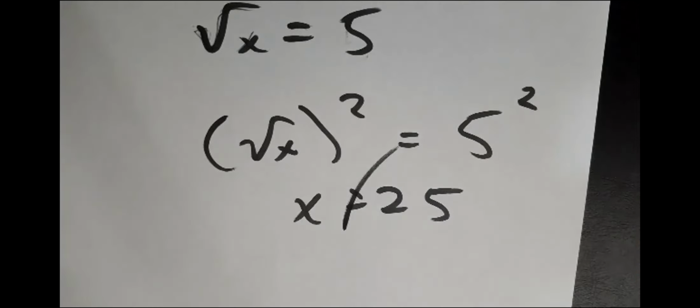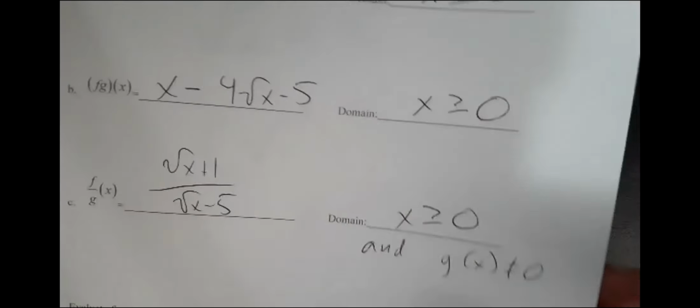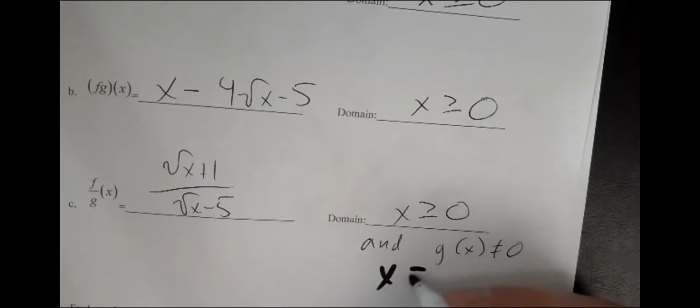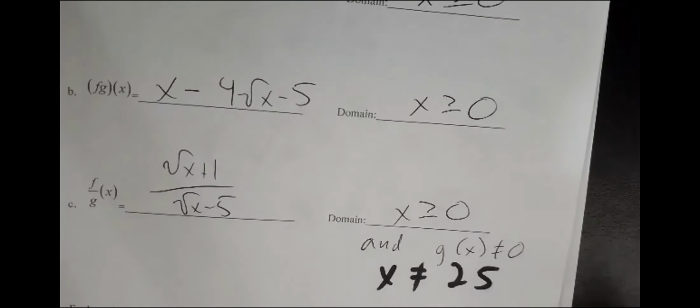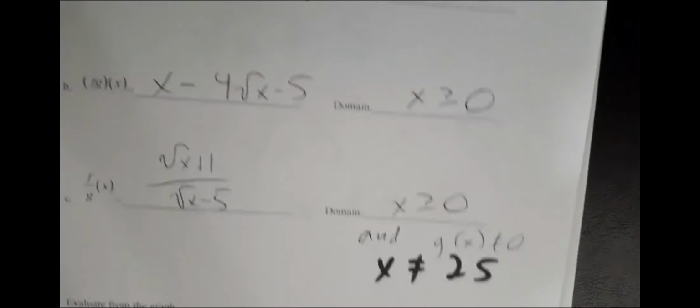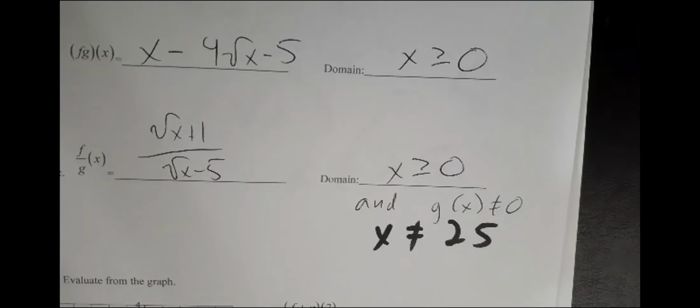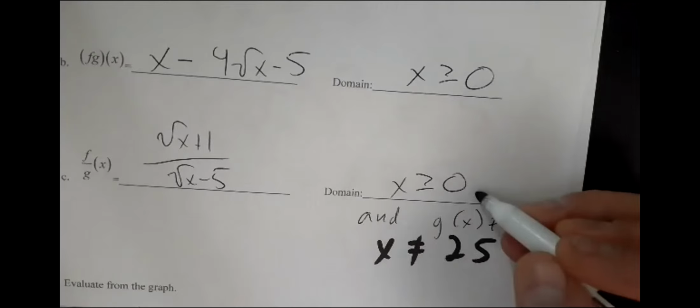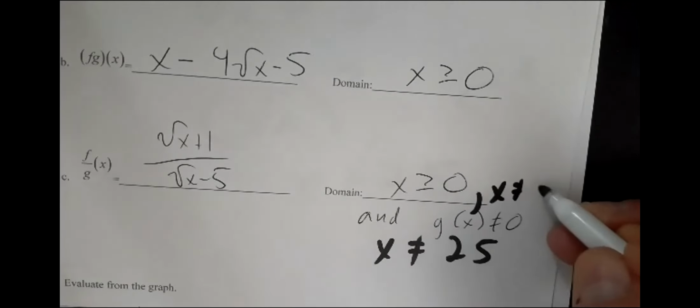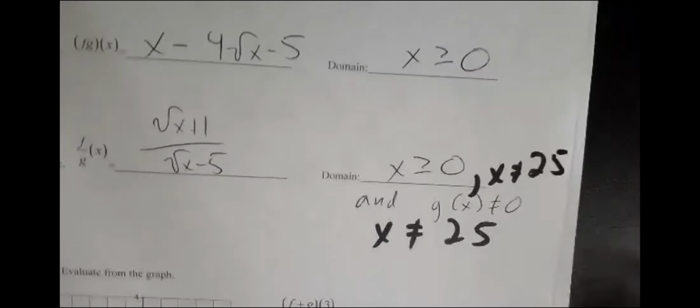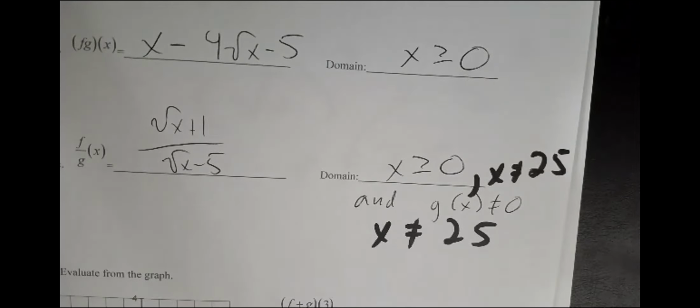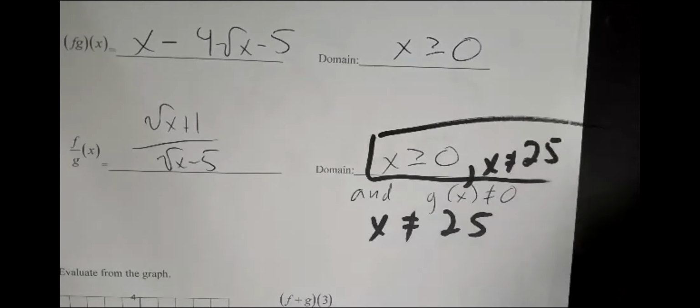X cannot be 25. So if we look back at this, x has to be greater than or equal to 0, and x cannot be 25. Or I could just write maybe a comma here. I have to include both of these restrictions.